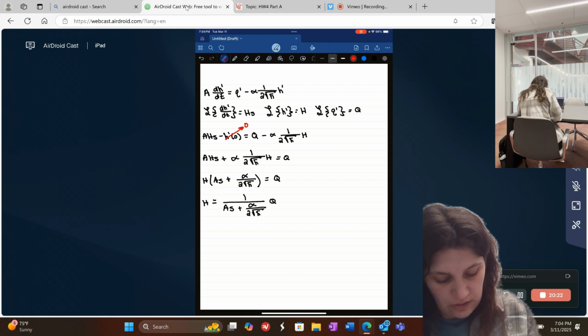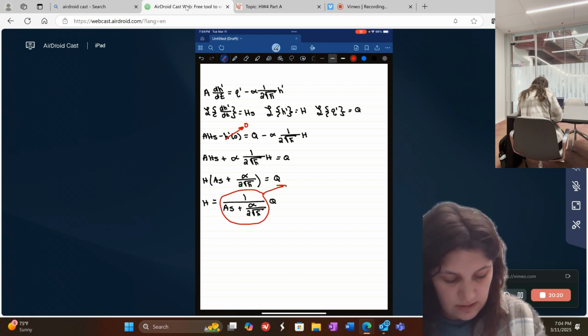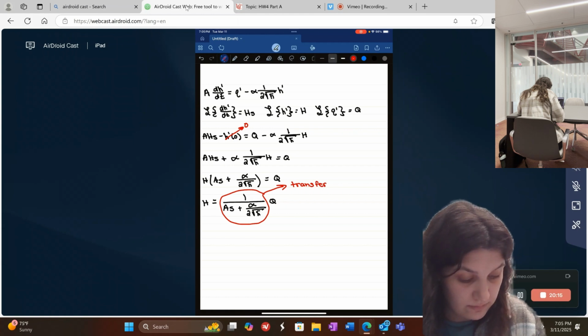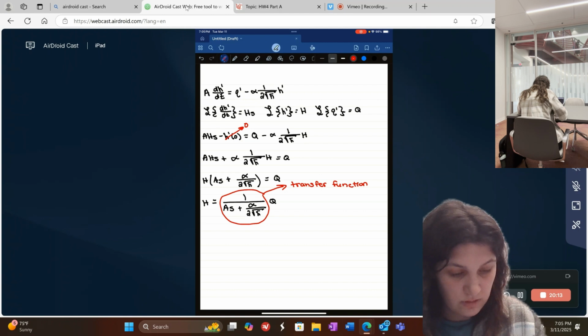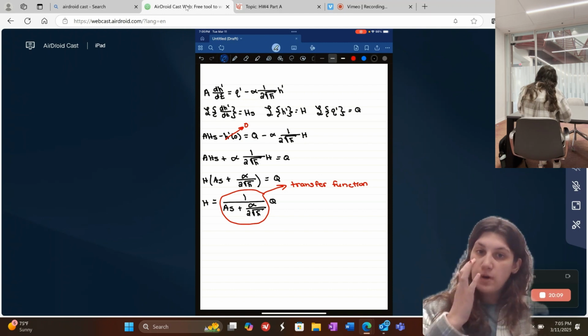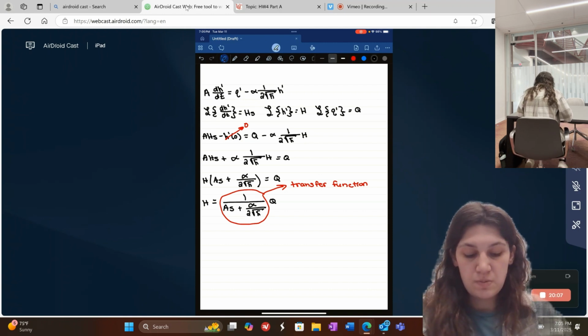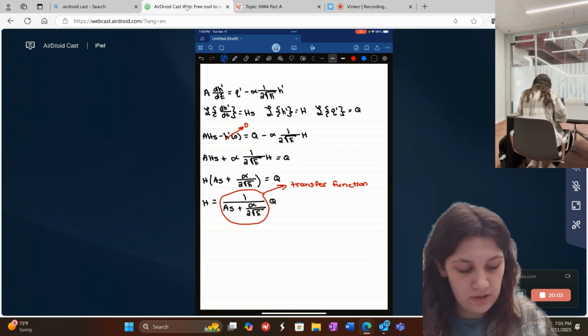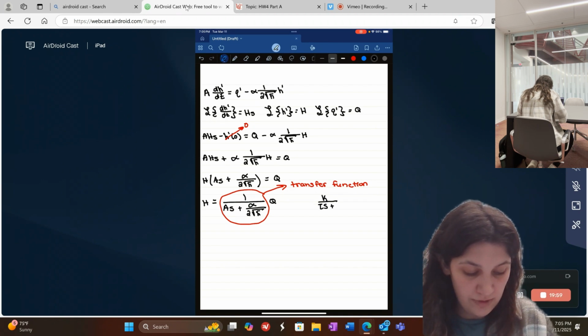Now here, this is our transfer function. And a more commonly known format for a first order transfer function is K over tau s plus 1.